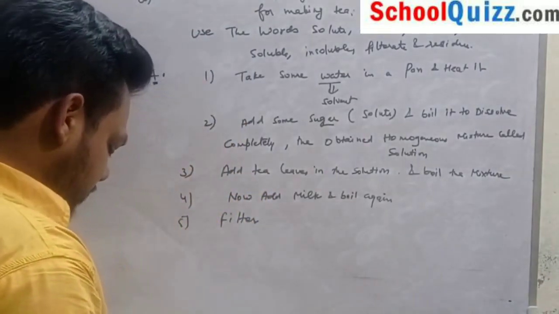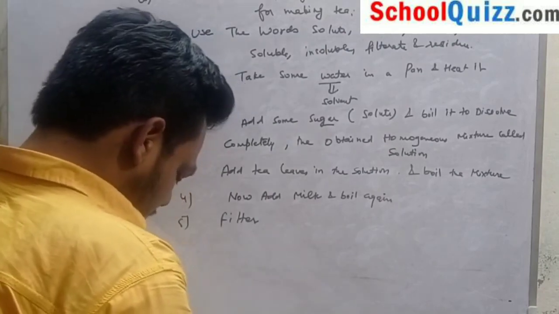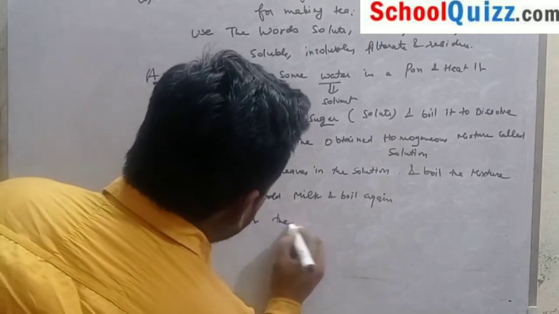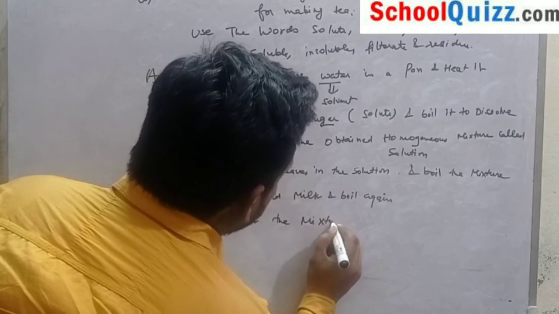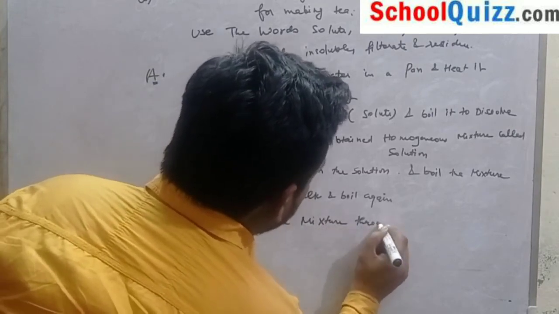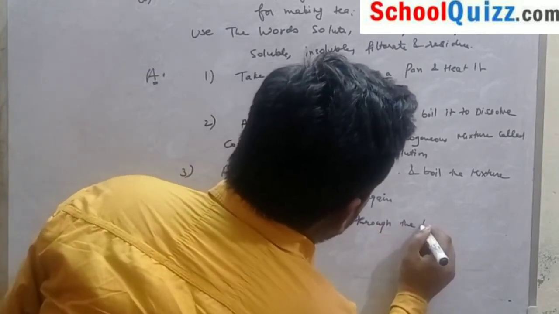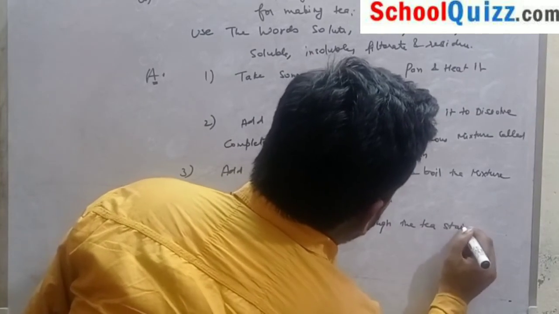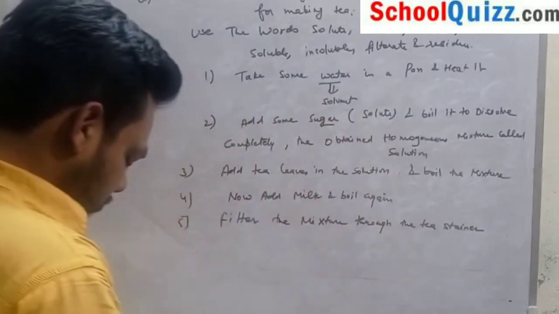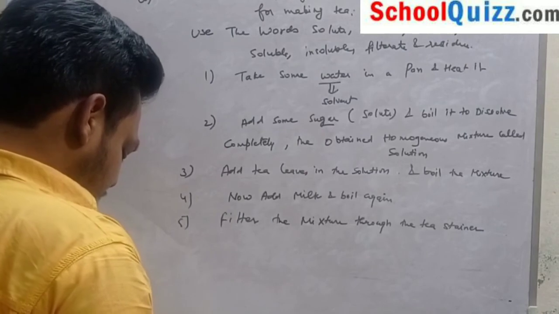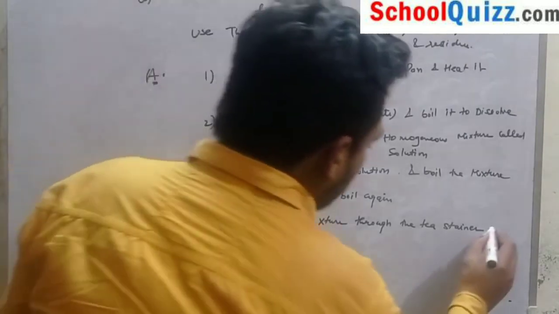So filter the mixture through the tea strainer and collect the filtrate.